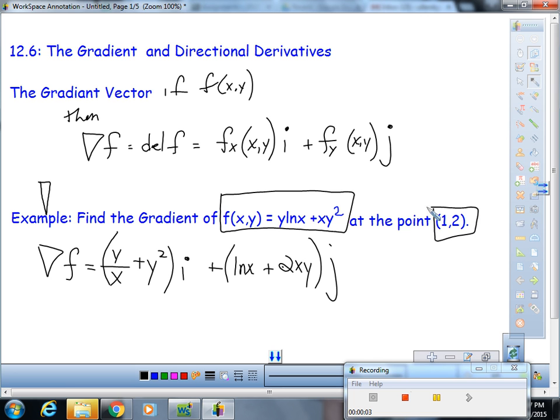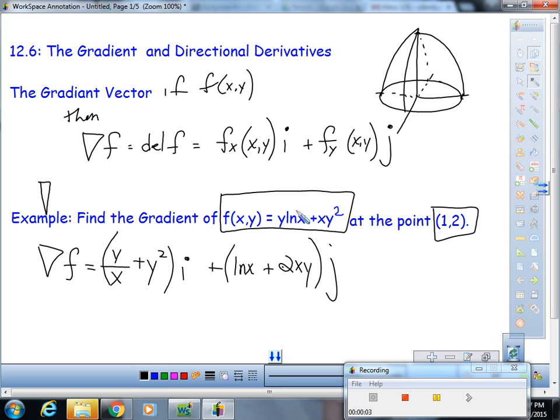Okay, so I'm not going to sketch this surface because I can't and I don't feel like it. But let me just sketch a surface. Okay, let's say this was our surface. And then when we put in the point 1, 2, natural log of 1 is 0, right? So you get 2 times 0 is 0.